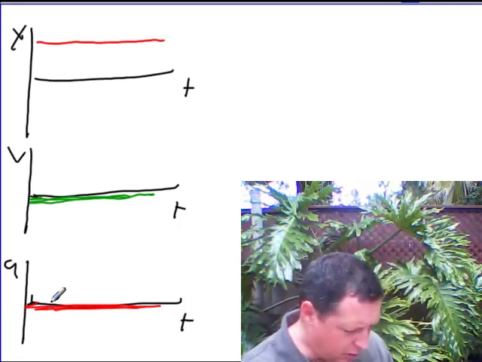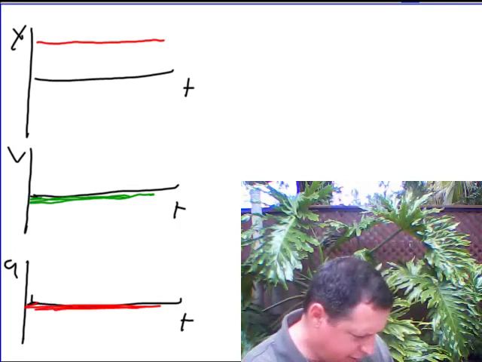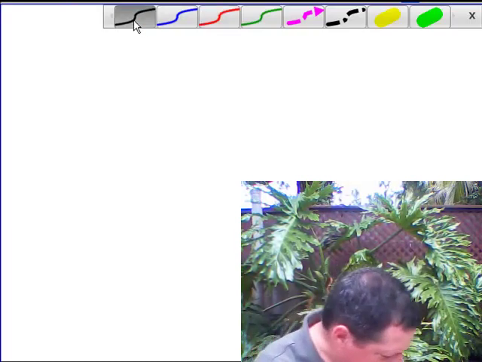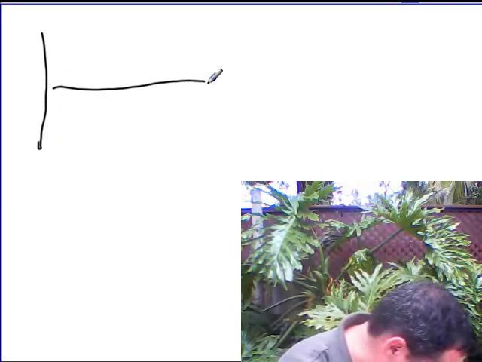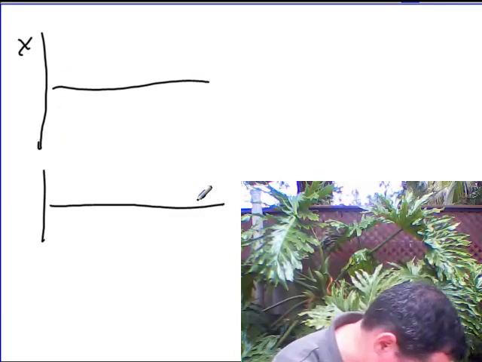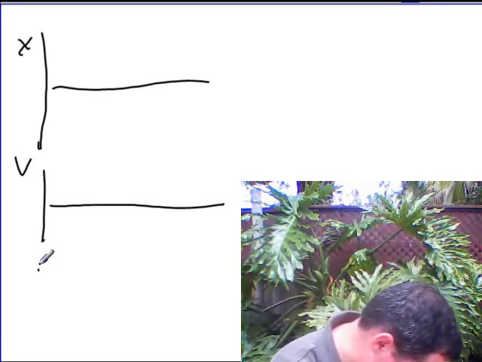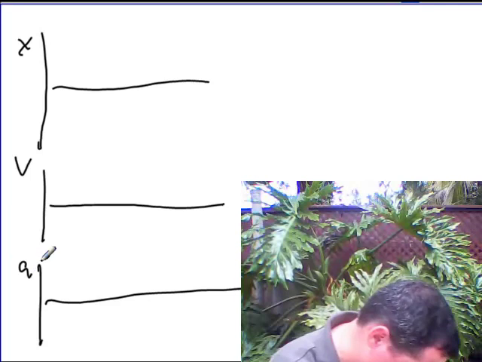But now let's ask the question, what would happen if instead the velocity was constant? I'll draw position versus time, velocity versus time, and acceleration versus time.